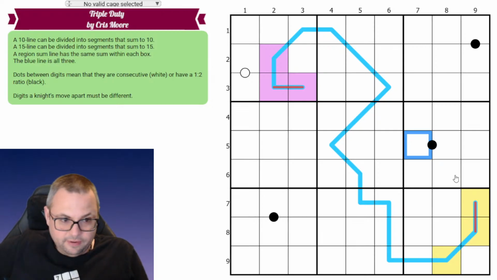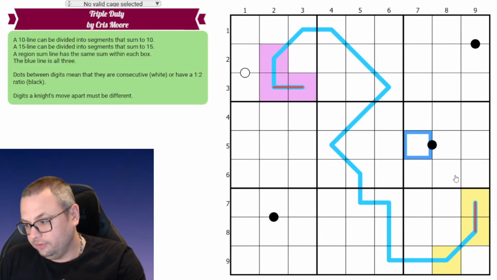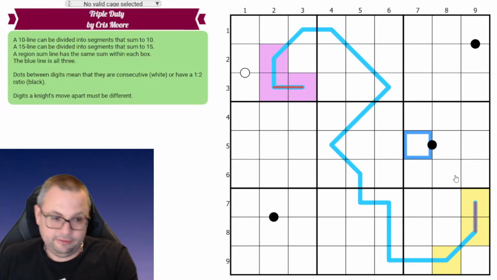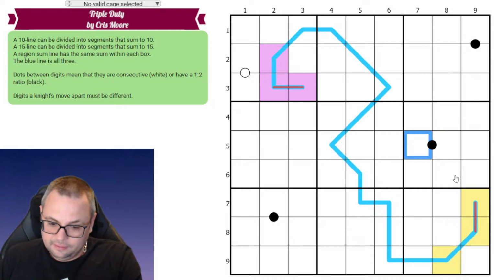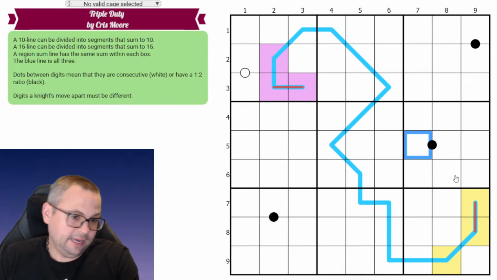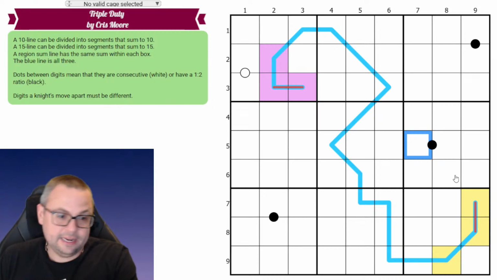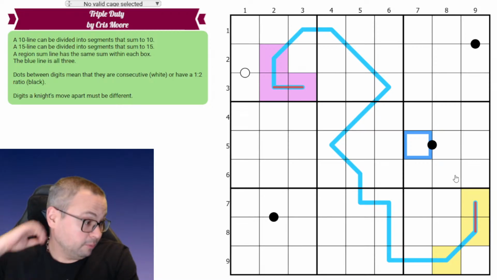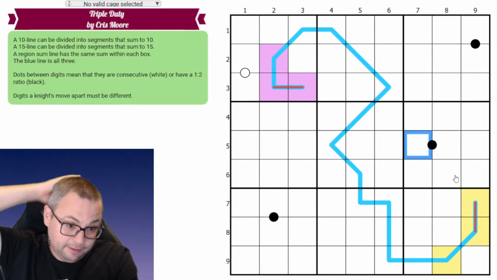That's a good point from Emma. There's 5 total regions, so whatever the region sum is, the line sums to 5 times it. But that number also has to be a multiple of 15 and a multiple of 10.